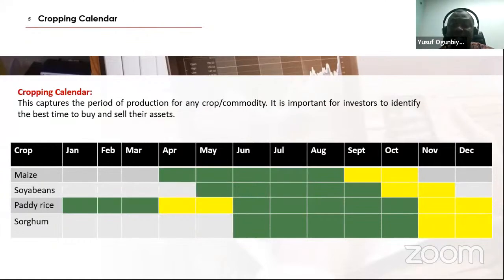So that affects the thinking around your production. During that period, there is no new maize coming into the market from the production end. Everybody is still in the production process. Then during September and October, the harvest happens, right? Farmers go to their farms and they harvest the commodities.